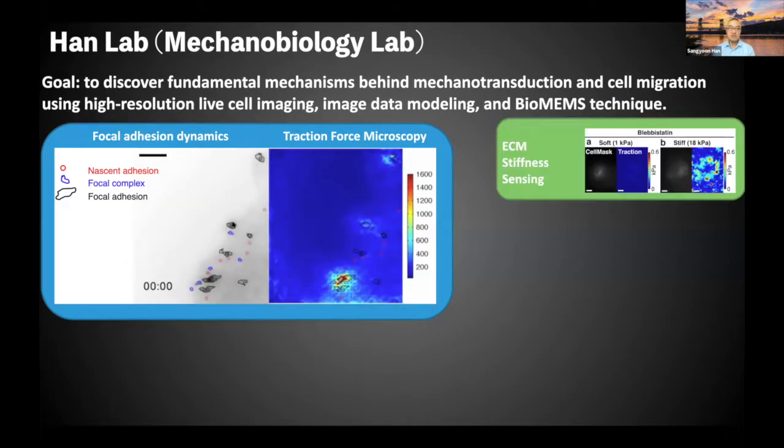Using this, we apply it to many different aspects of mechanobiology. One is ECM stiffness sensing. Cells are able to sense the stiffness of the extracellular matrix. How?